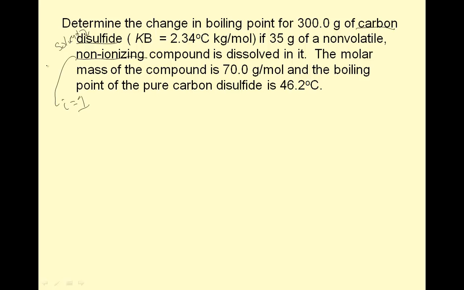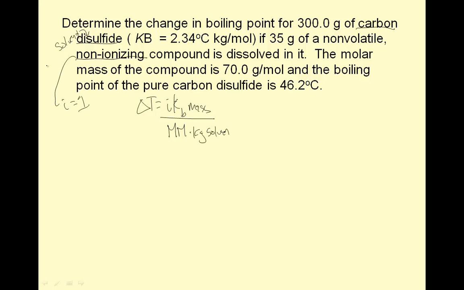The molar mass of the compound is 70, and the boiling point of pure carbon disulfide is 46.2. So I'm looking for the change in boiling point, delta T, which equals i times Kb times mass over molar mass over kilograms of solvent.